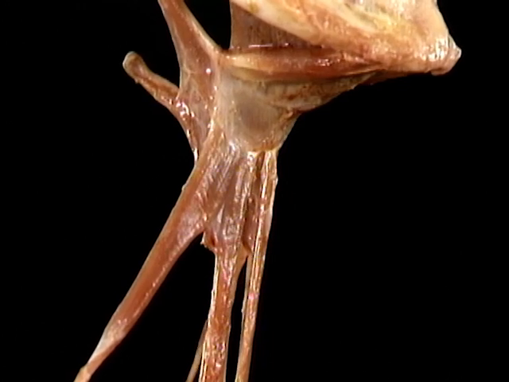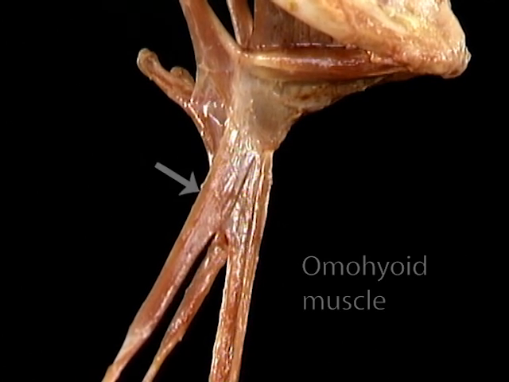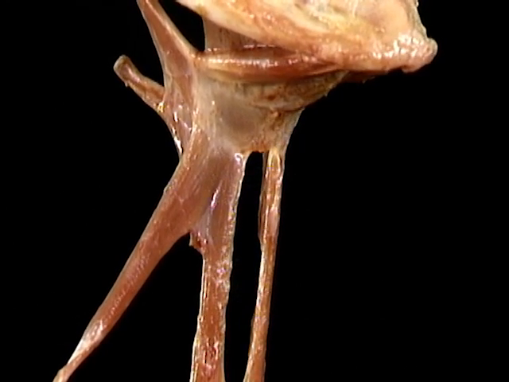Lastly, we'll take a brief look at the attachments of the 3 muscles that pull the hyoid bone downwards. They're the omohyoid, sternohyoid, and thyrohyoid muscles, known collectively as the infrahyoid muscles. Here's the body of the hyoid bone. Here's the upper end of the omohyoid muscle, which goes all the way down to the scapula.